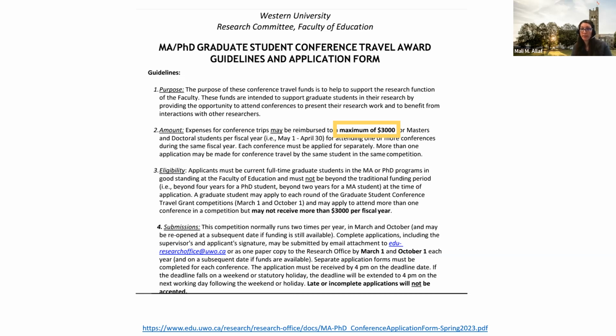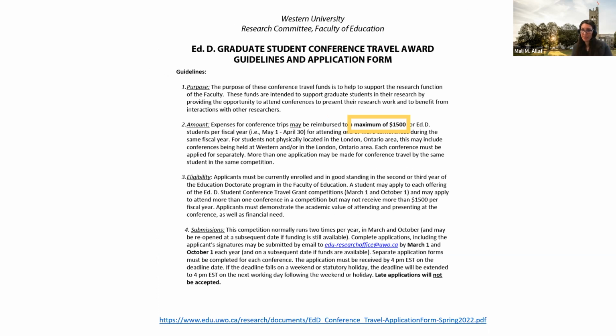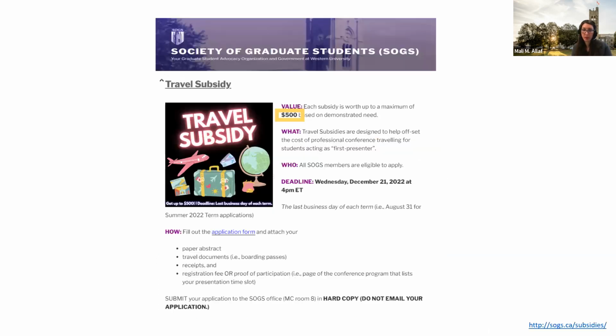But if you attended, for example, different conferences, for one you pay 500, for another you pay 1,500, and for another you pay 200, you can prepare a different form for each of them, as I said, separately, and submit it to our research office. If you are eligible, up to 3,000, you will be awarded. And again, for EdD students this number is 1,500.